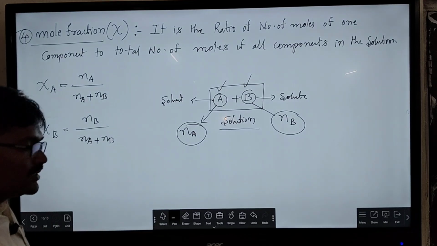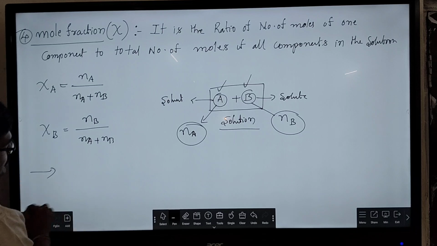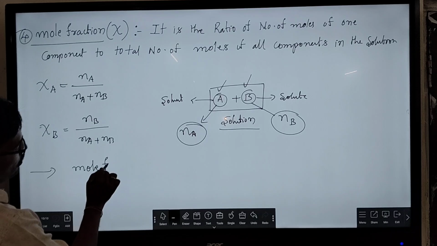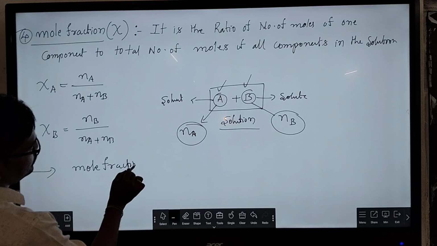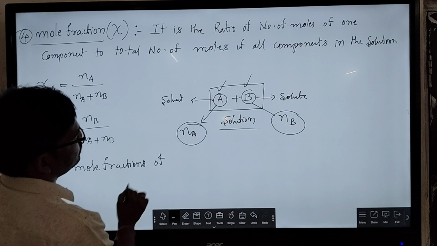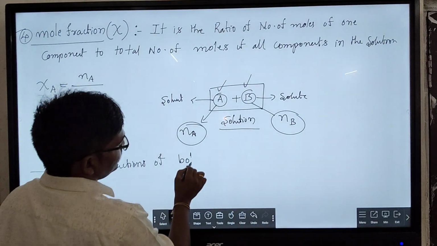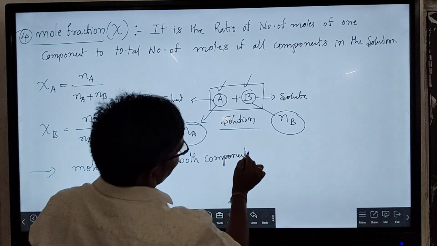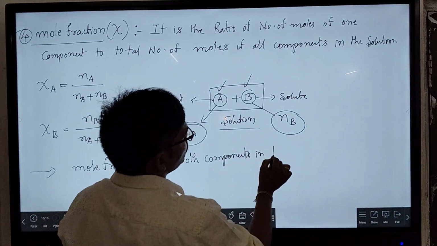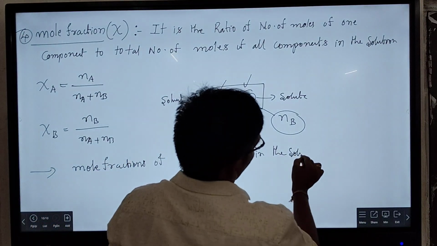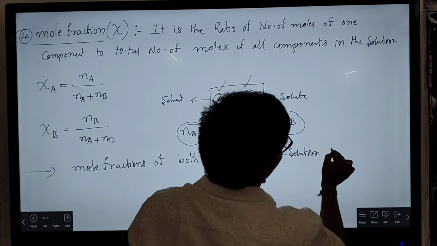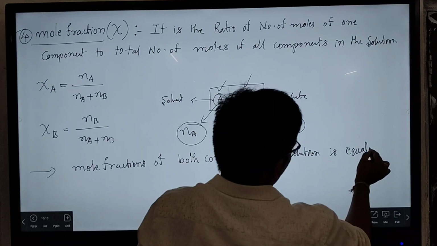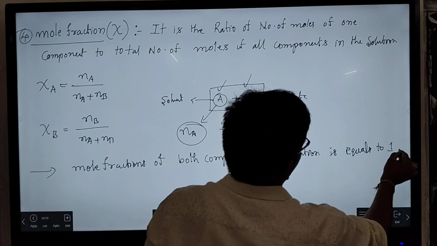Remember one point: the mole fractions of both components in the solution add up to 1.